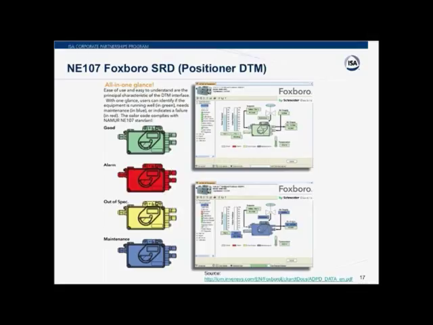We can see that on the top, everything's green, so the positioner is functioning properly. In the bottom, someone is doing some maintenance on the device, the blue triangle, and the components that are being affected are also shown in blue.